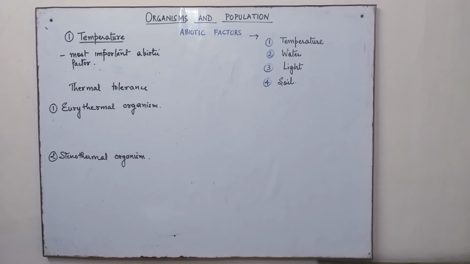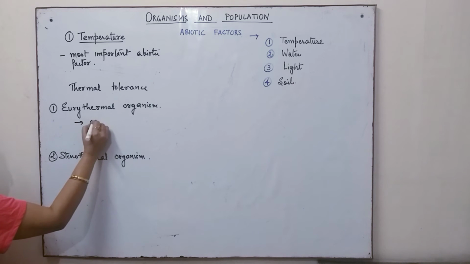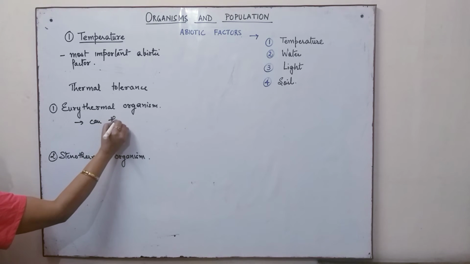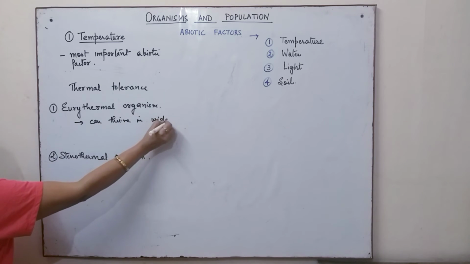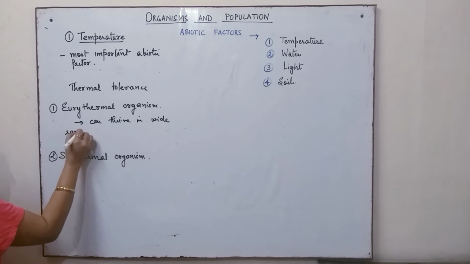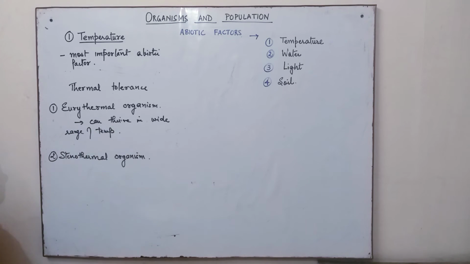Now, eurythermal organisms are those which can tolerate and thrive in a wide range of temperature. Can you give an example?